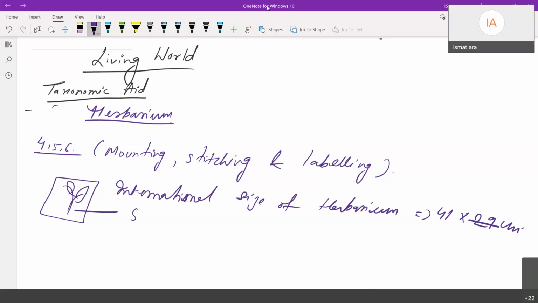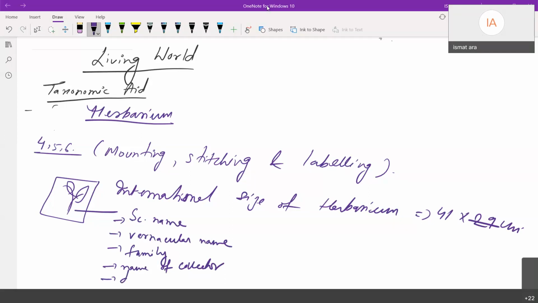Scientific name, vernacular name, family of the plant, name of collector, who is collecting the plant, date, place of collection. This will be mentioned on a herbarium sheet.